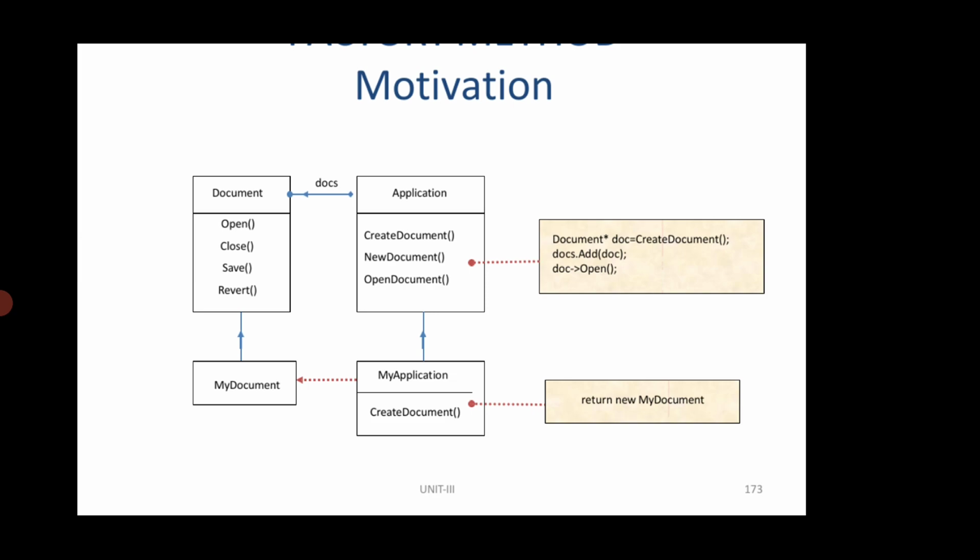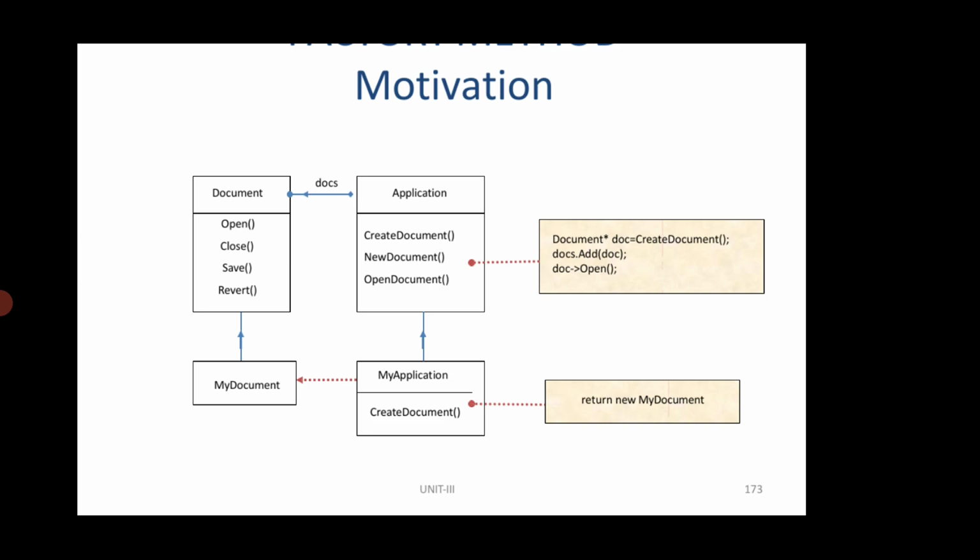Okay, for the figure, if you need to take one more example here, listen carefully. We need to create them whenever the user selects open or new from a menu. For example, we need to study this particular document.